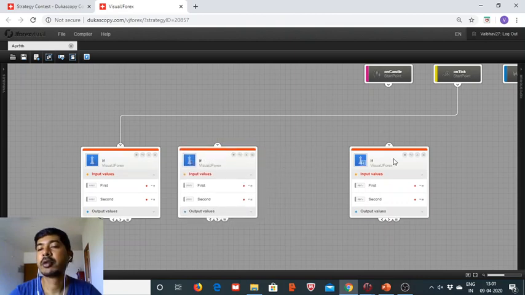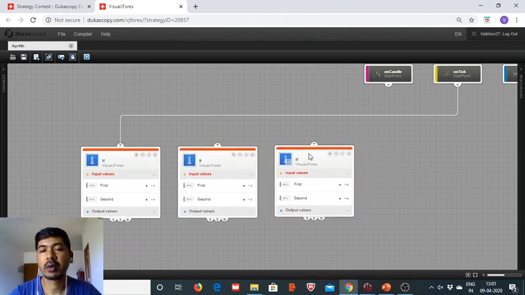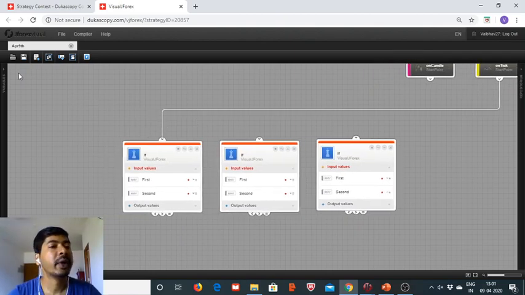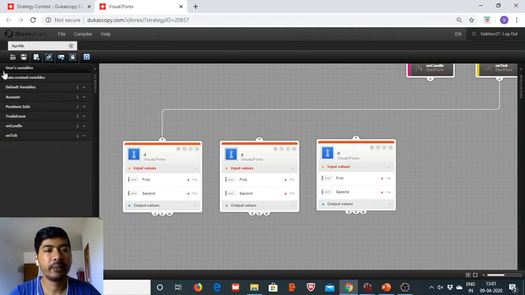So we do the instrument subscription, then we bring in the requirement that there should not be any open or pending orders in the system.